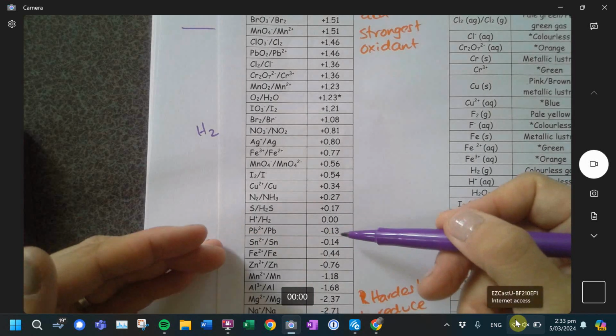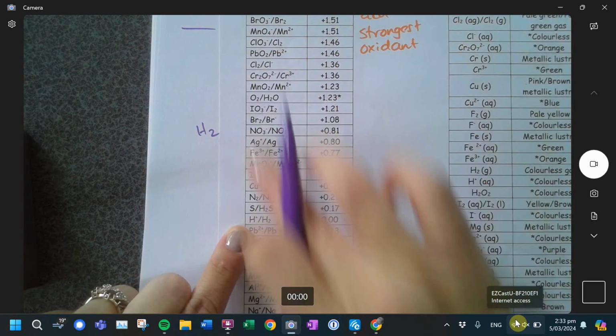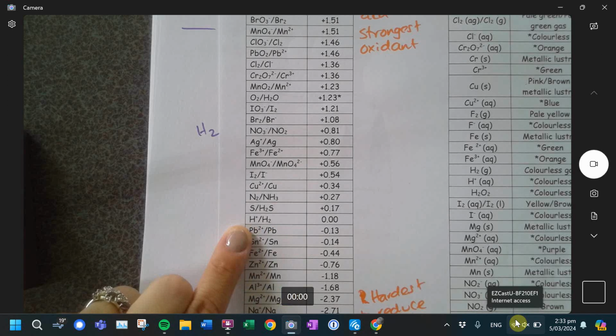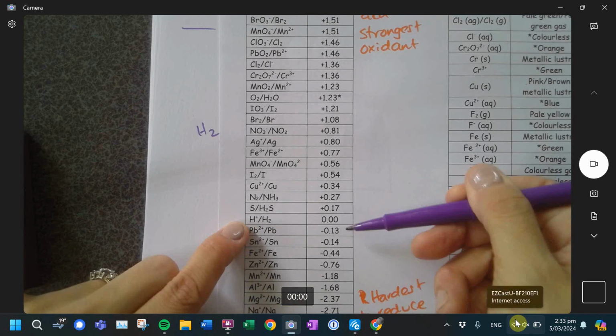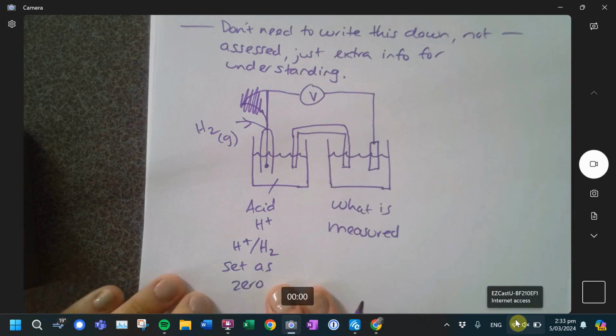And then everything is in relation to hydrogen. So the stuff above it, these things will be reduced, and then hydrogen is going to be the oxidation reaction. Everything below it is going to get oxidized. And then hydrogen will be the reduction reaction. So that's how we kind of figure that out.